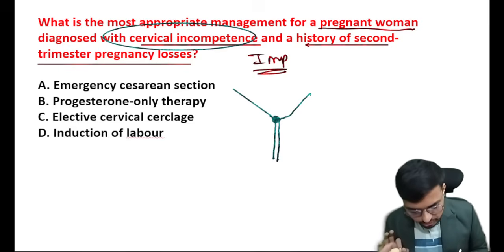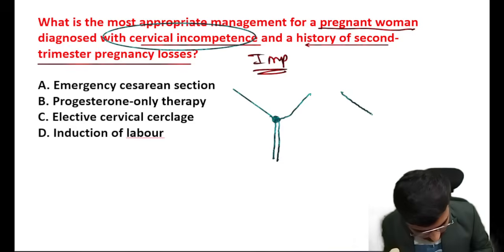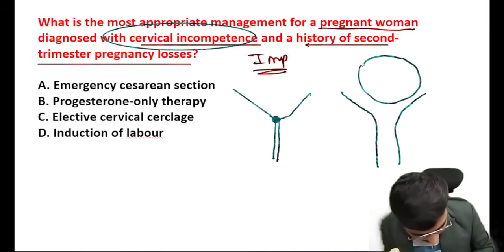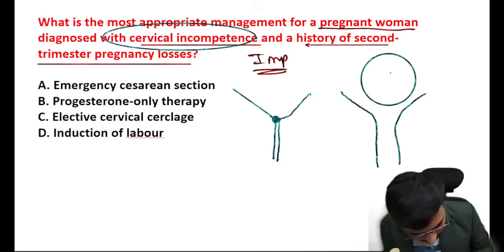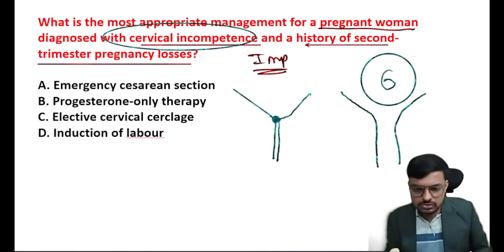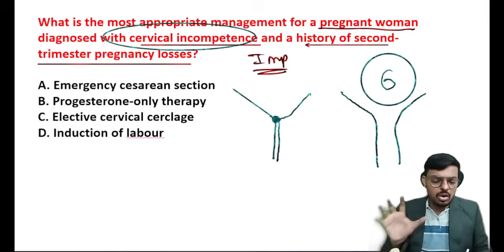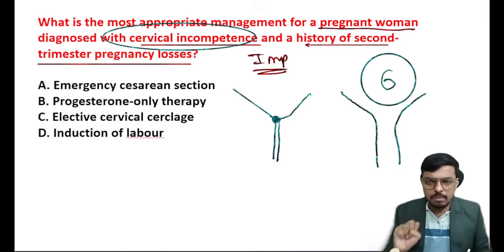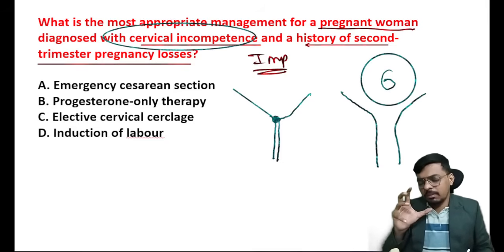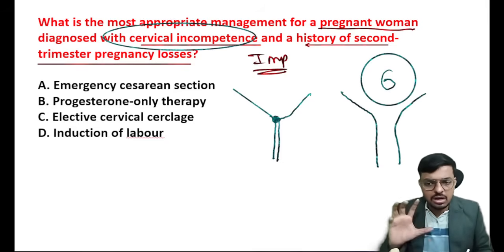If this internal os suddenly opens and the membrane ruptures, and the fetus inside the membrane comes out, this is what we call an incompetent cervix. The cervix does not have the power to hold the baby inside. It is not competent to hold the baby inside, so we call it the incompetent cervix.